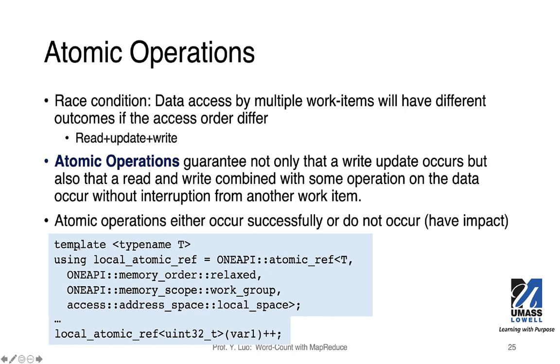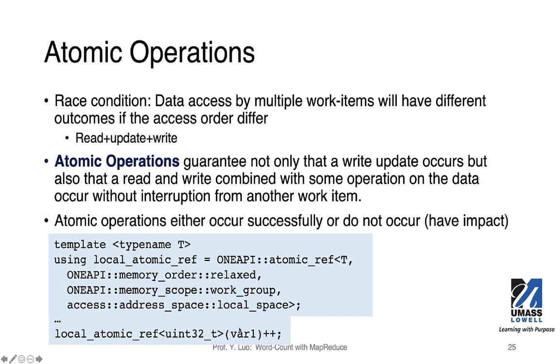In DPC++, we will define a local atomic reference in such a way that we can use this local atomic reference to specify what operations should happen atomically on a variable. More specifically, for this local atomic reference, we define memory order to be relaxed, the scope is within the work group, and the address space is local space.